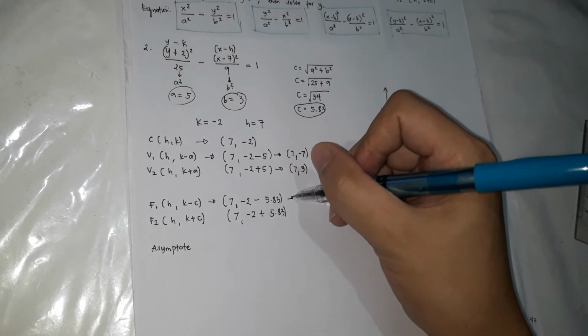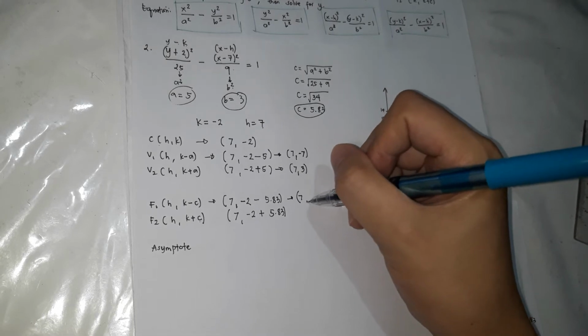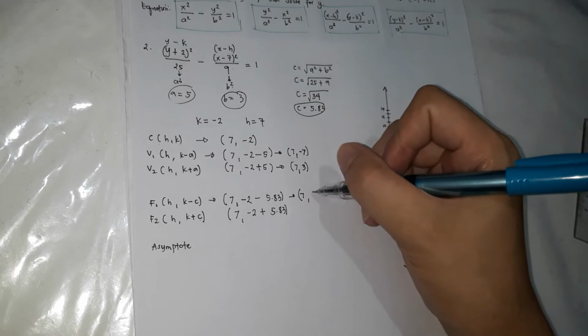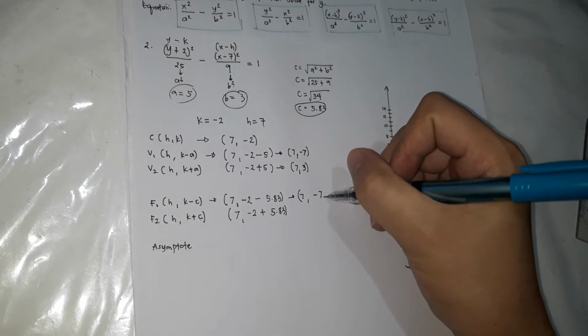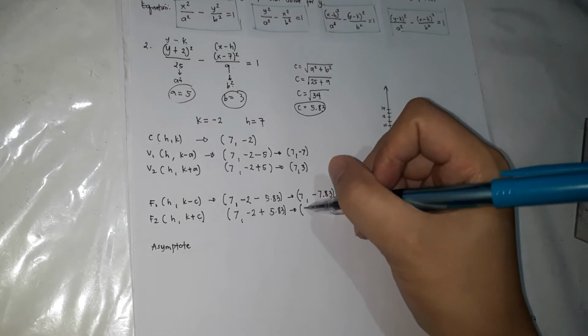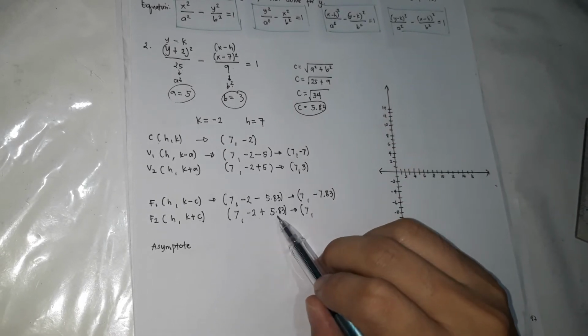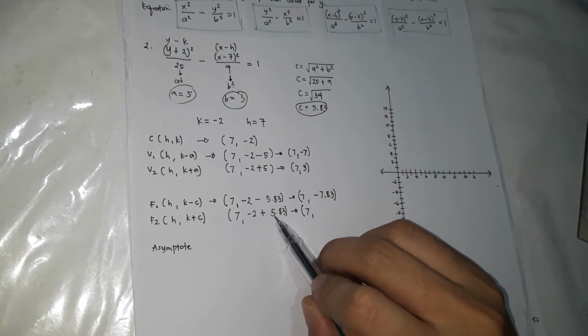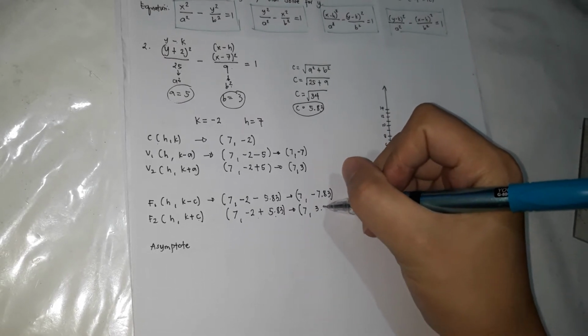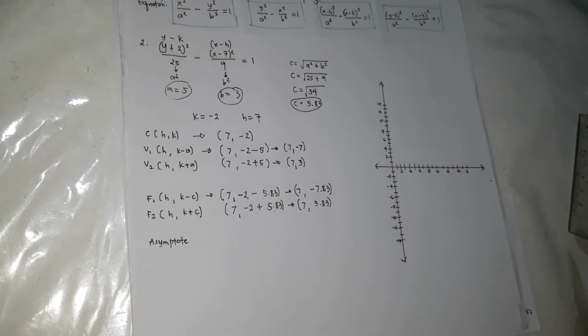So this will become 7, negative 2 minus 5.83, that's negative 7.83. This one, 7, negative 2 plus 5.83. So ito, bawasan mo lang ng 2. So 3.83. You may use calculator to solve that.